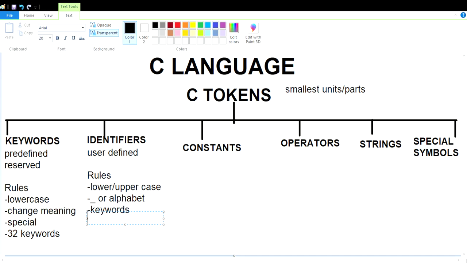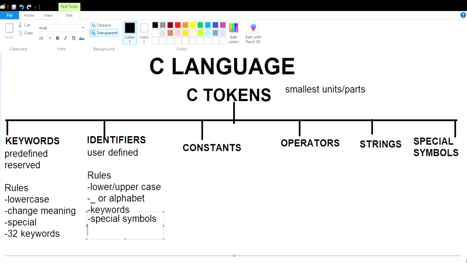And what is the fourth rule? Special symbols are not allowed in the identifiers.